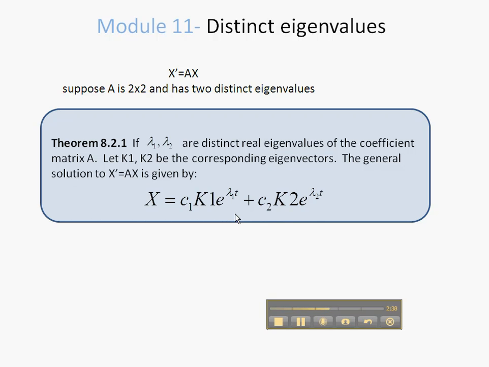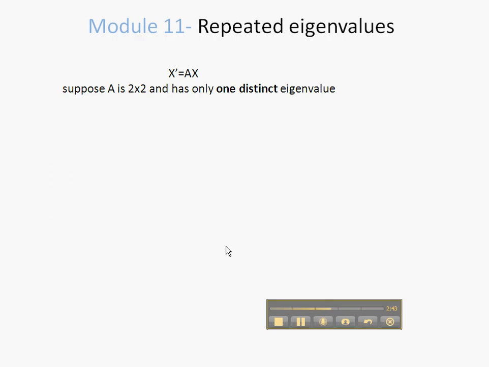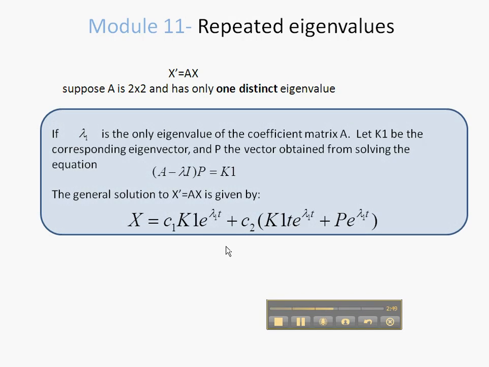That's our general solution. But it's possible that we would have just one eigenvalue that arises. So we have just one eigenvalue that comes from our determinant of A minus lambda I being set to 0. But this is a 2x2 matrix, so I know that I need two linearly independent solutions. One of them we find in the normal way: k1 e to the lambda 1 t, just like we did in the first case.